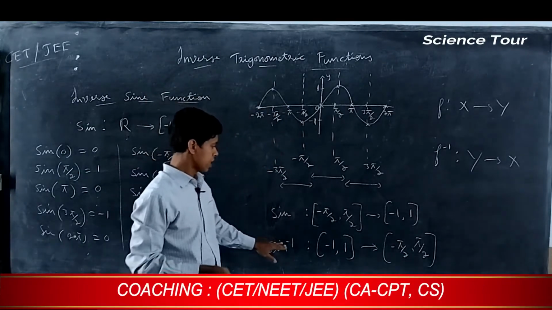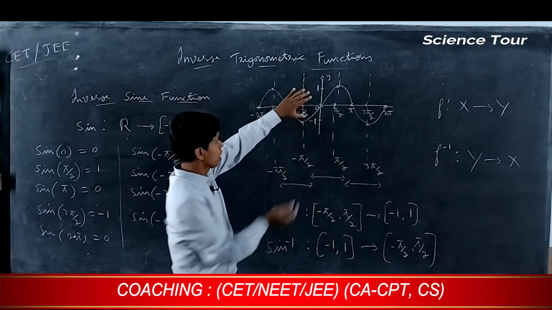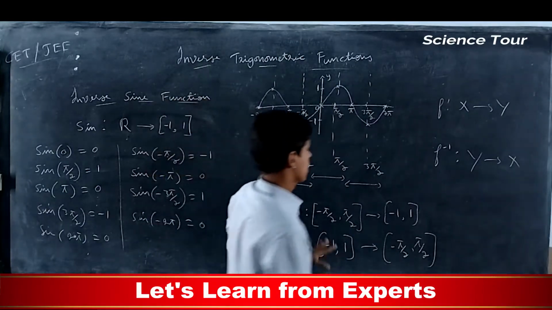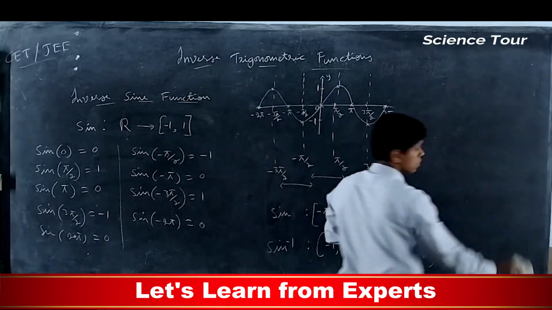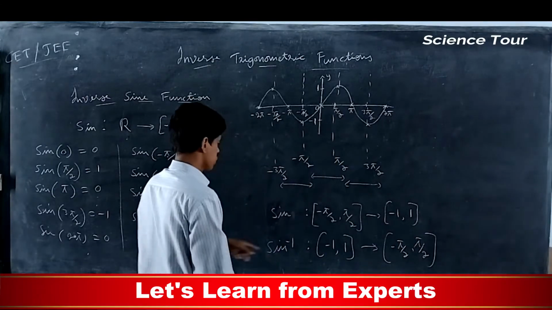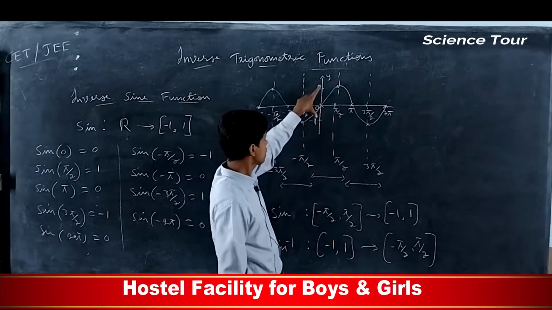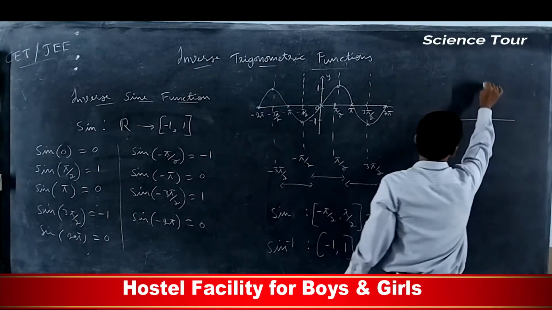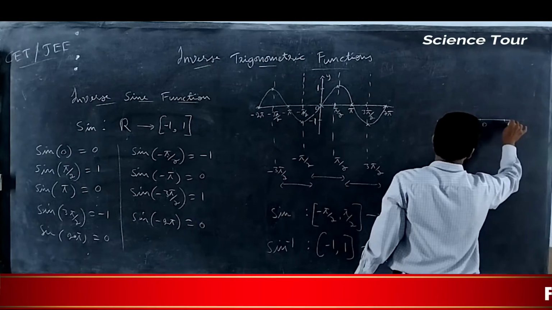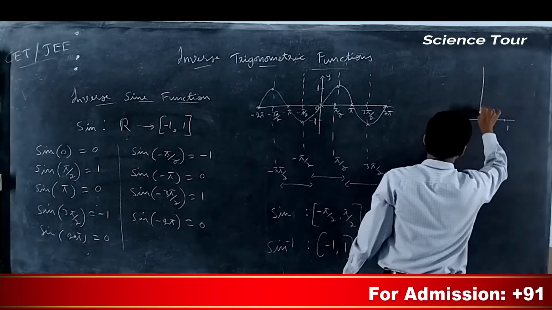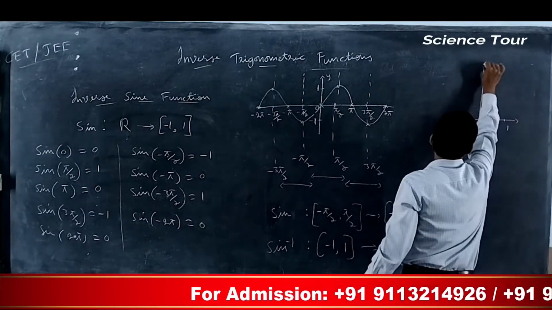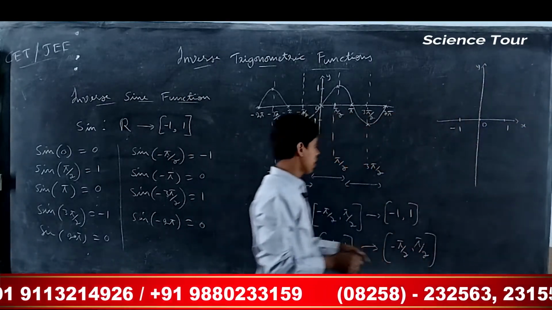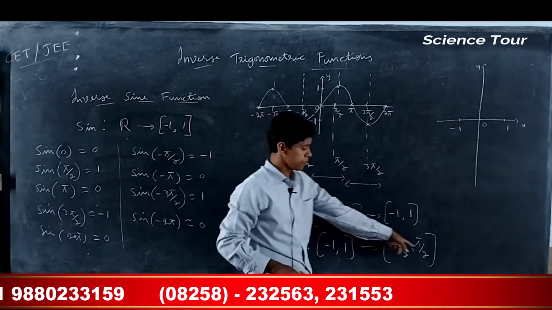Now what is sine inverse? Minus 1 to 1. So this graph will be toppled like this. Okay, so now the x values and the y values are different. So what are the x values? X values are these, minus 1 to 1. So you have x values minus 1 and then 0 and then 1, and the y values. So what are the y values? Y values are these.